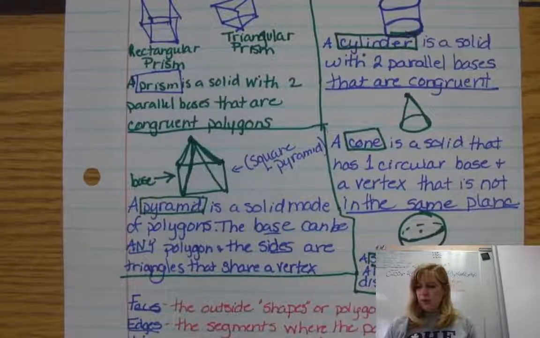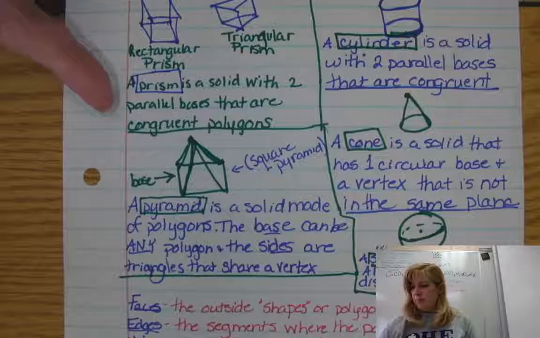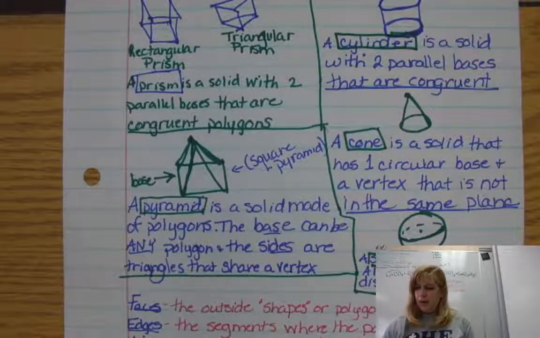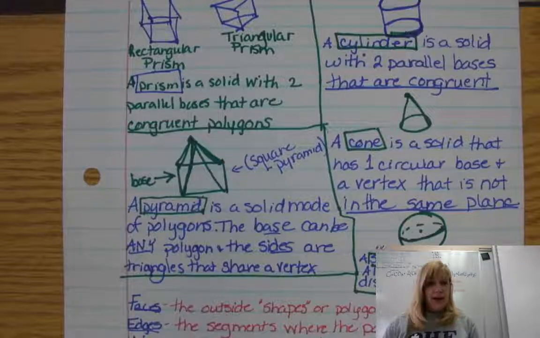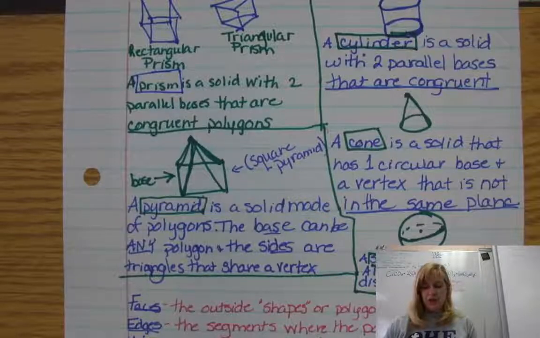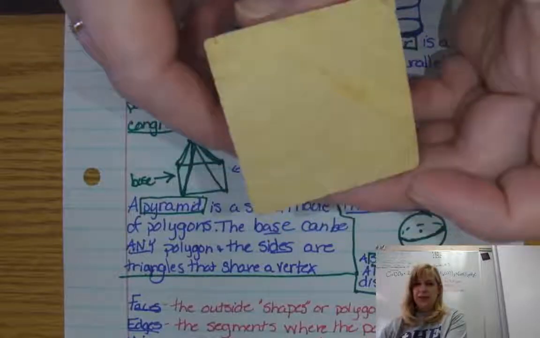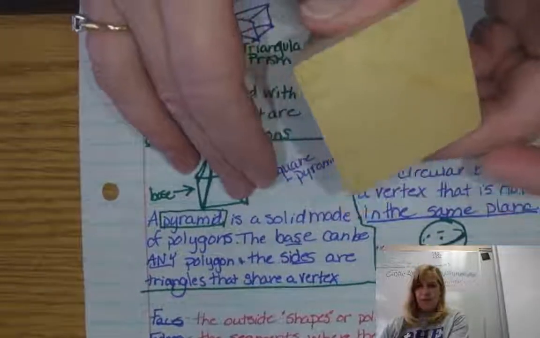Let's go with a pyramid, and a triangular pyramid is a solid made of polygons. The base can be any shape, but the sides are triangles that share a vertex. So I drew a picture, but I'm going to show you the base of this is a square.